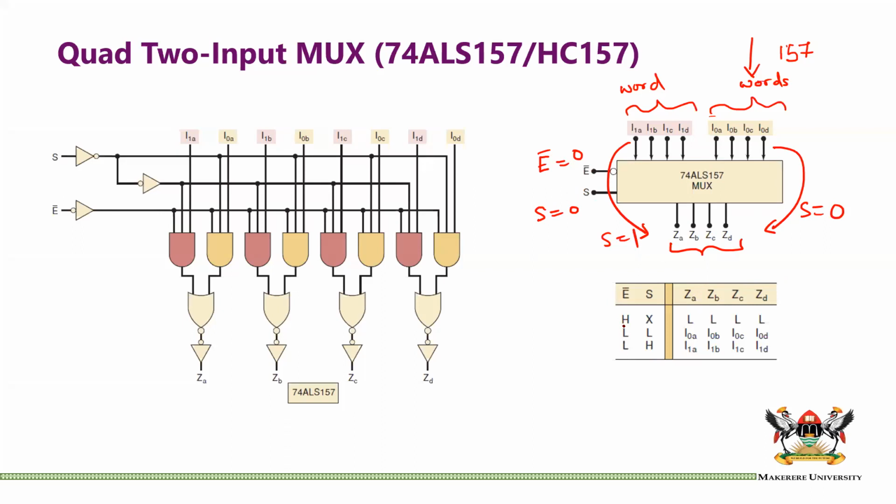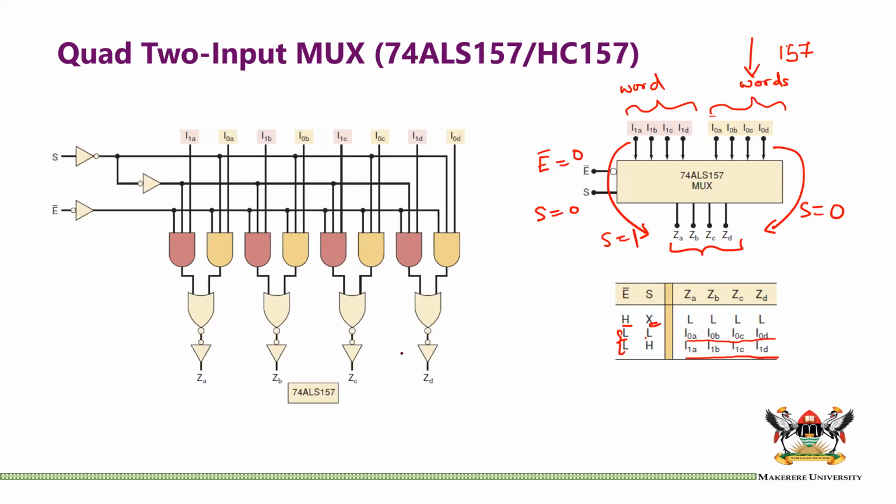You can see that when enable is high, S doesn't matter because our output will always be low. So we need to enable by putting it as 0. That means when S is 0, we get our first word going through to the output. And when S is 1, we get our second word going through to the output.